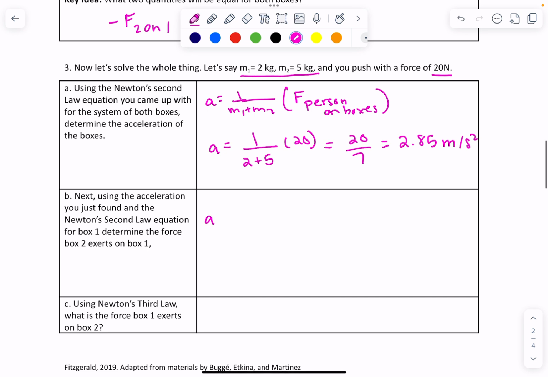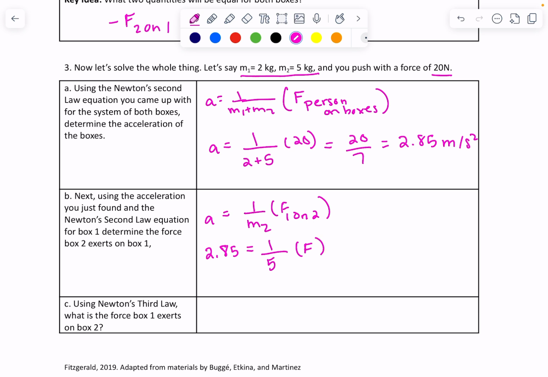So I have acceleration is 1 over m2 times the force of 1 on 2. Okay. So our acceleration we know is 2.85 equals 1 over m2, which is going to be 5, times the force, and I don't know what this is, so I'm leaving it as f. So now I have to solve for f.